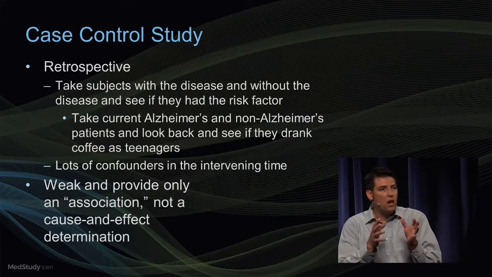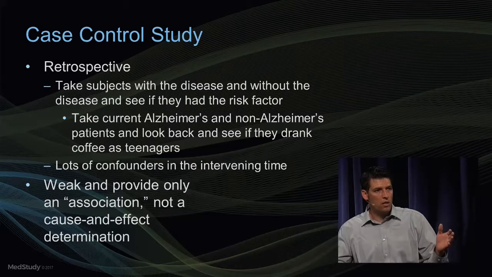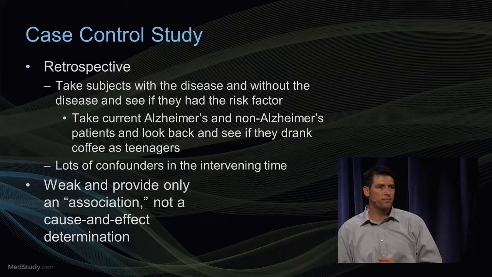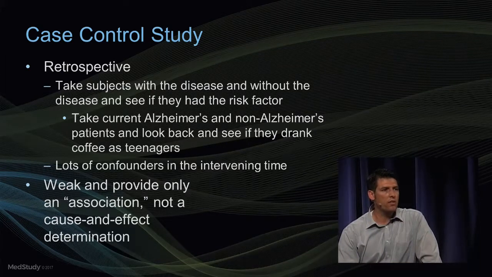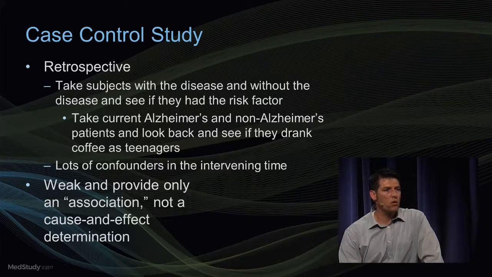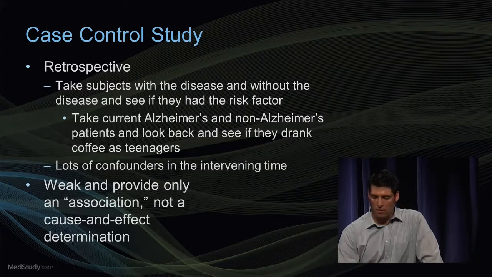We're really just stuck with observing what happened in the past. So these are stronger than cross-sectional studies, but also somewhat weak in the fact that they only provide association type information and not cause and effect. Again, we don't know necessarily that causal pathway in these types of studies.